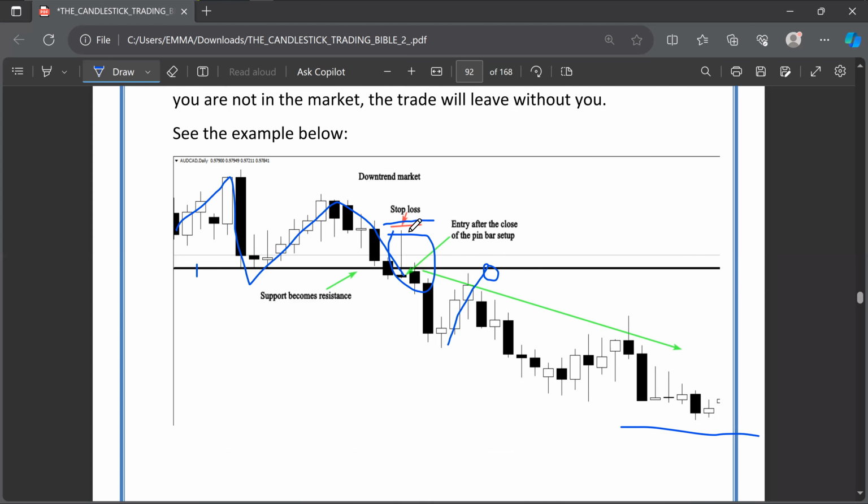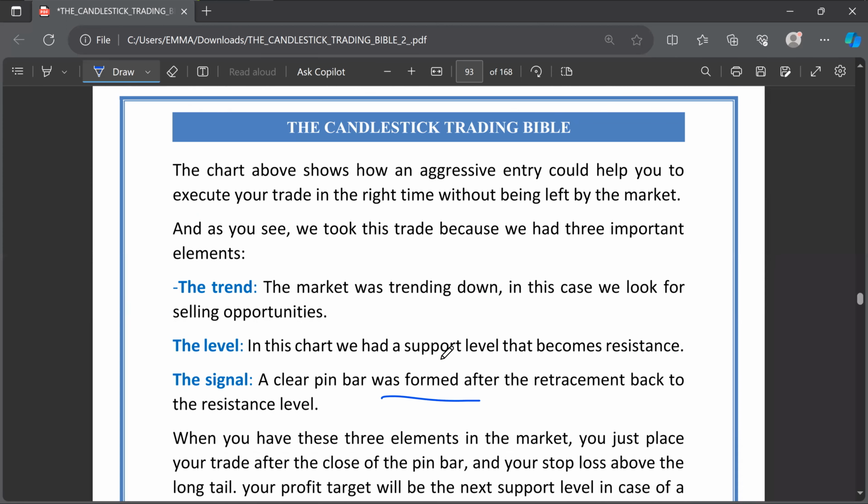The stop loss. Just above the what? That pin bar, right? And then here you can actually place whatever you want to put your TP. It depends on how long you want to be in the trade. So there is no specific, unless your risk to reward ratio according to your trading plan is 1:2 or 1:3 or whatever. It depends on you.